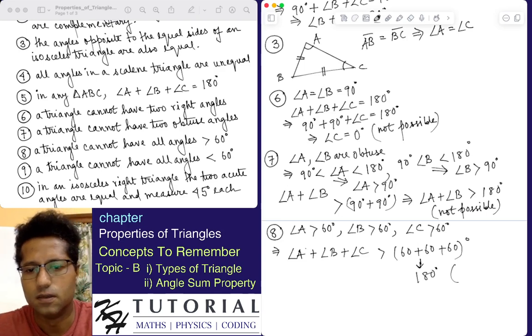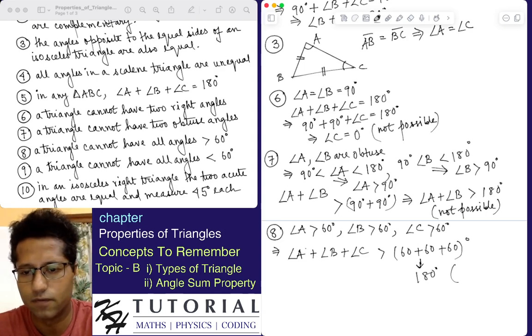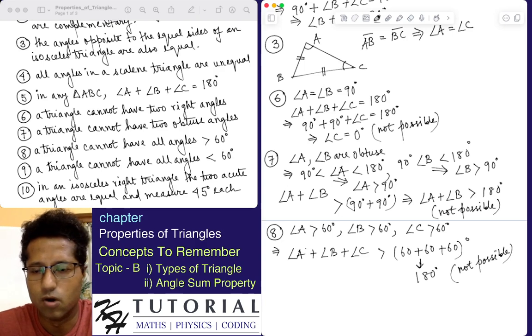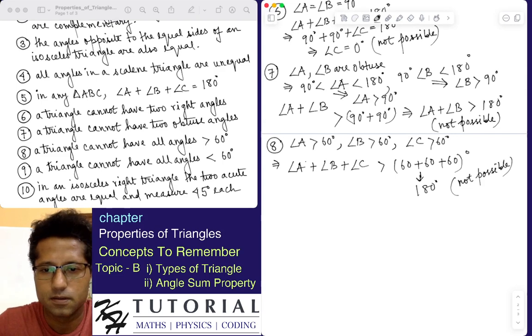So not possible. The sum of the three angles of a triangle is always equal to 180 degrees, and we are getting that the sum of the angles is becoming greater than 180 degrees. Not possible. So all three angles of a triangle cannot be greater than 60 degrees.